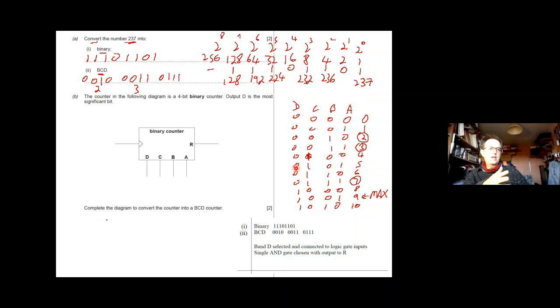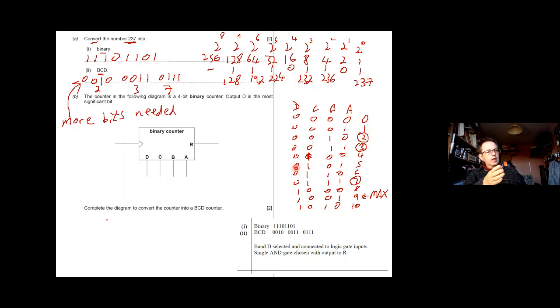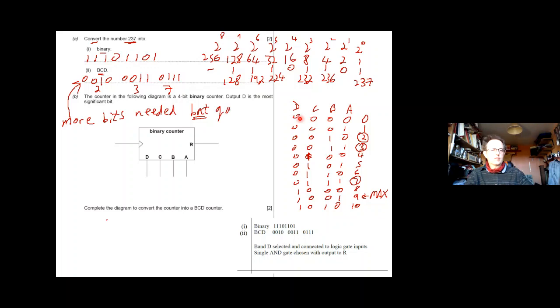Okay, so as you can see, a binary coded decimal number uses more bits. That's a disadvantage. So sometimes they will ask you, give an advantage of BCD and a disadvantage. BCD will need more bits than a binary number, as you can see there. So you compare that one to that one.